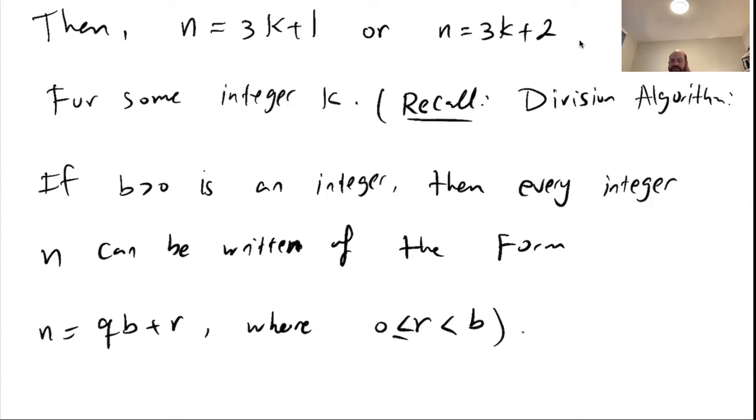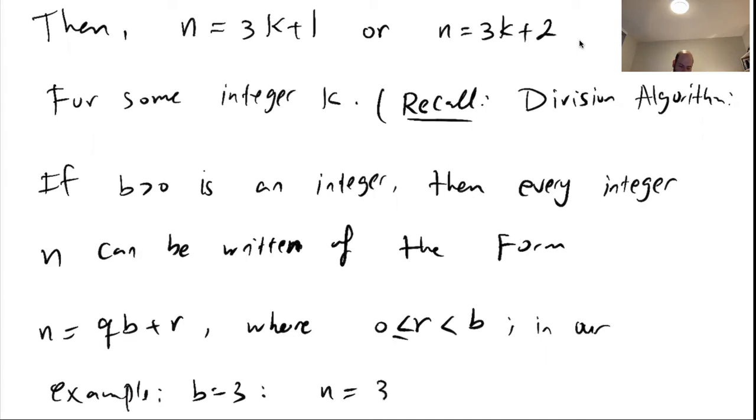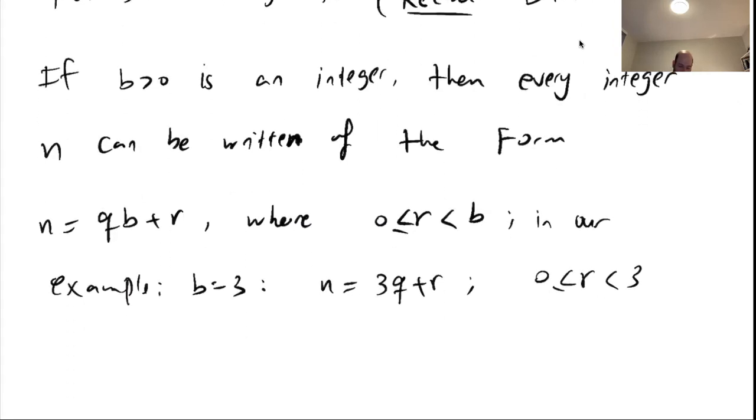Now in our case, what is b? In our example, b is 3, right? So I can say n is equal to 3q plus r, and r is greater than or equal to 0 and less than 3. Which integers are bigger than or equal to 0 and less than 3? Only r equals 0, r equals 1, or r equals 2.